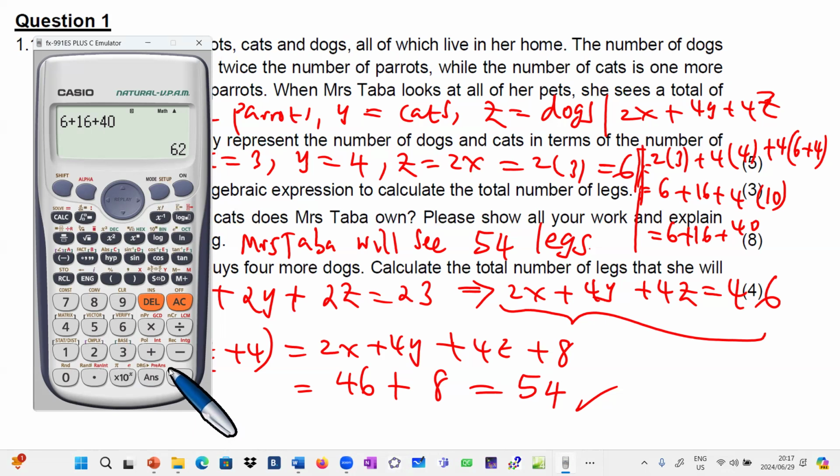Why is this 62? Let's see. I'm gonna check. I want to see why this is exactly that, because they have to be exactly the same results as the 54.